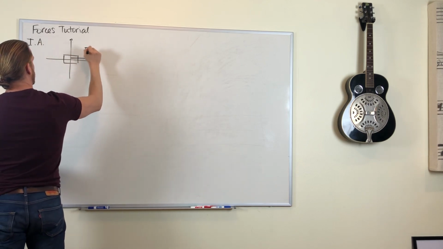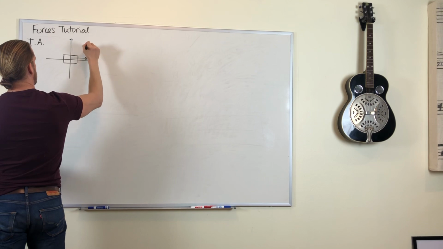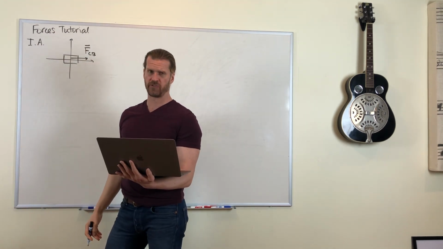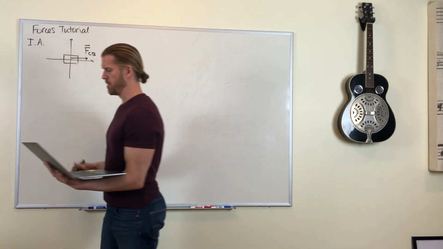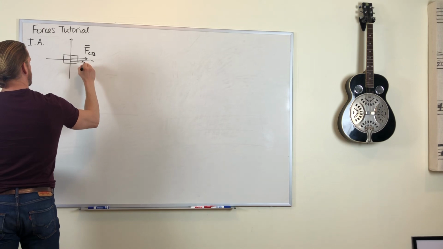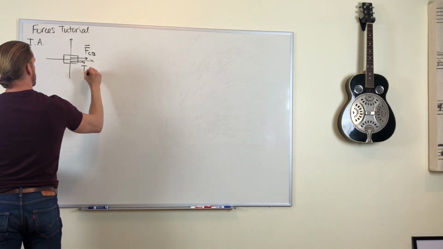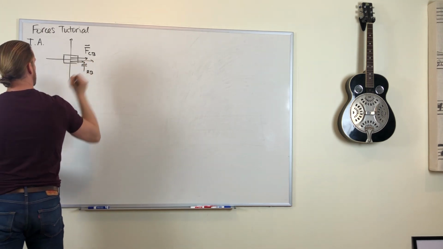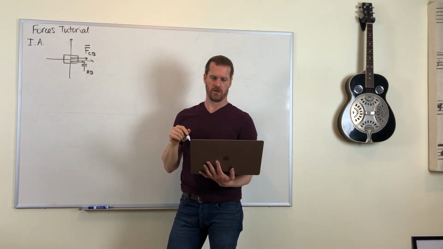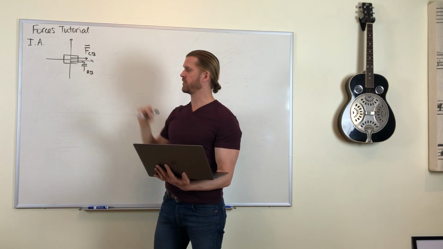So there's the force of Chris on the block. Pam is pulling to the right, but she's pulling on a rope. So as far as the block is concerned, there is a tension force from the rope. So you don't directly include Pam's force. It's the tension force from the rope.